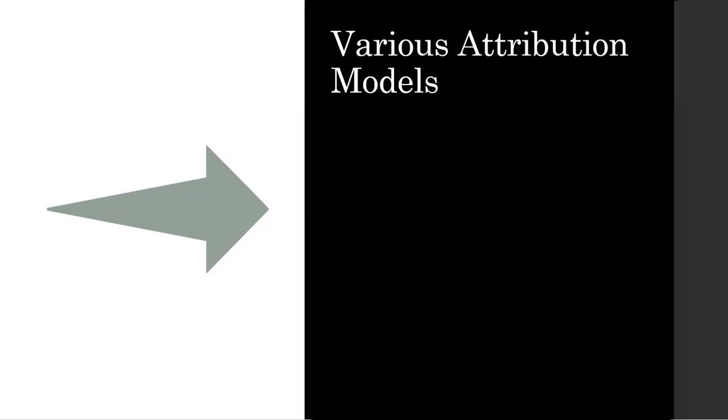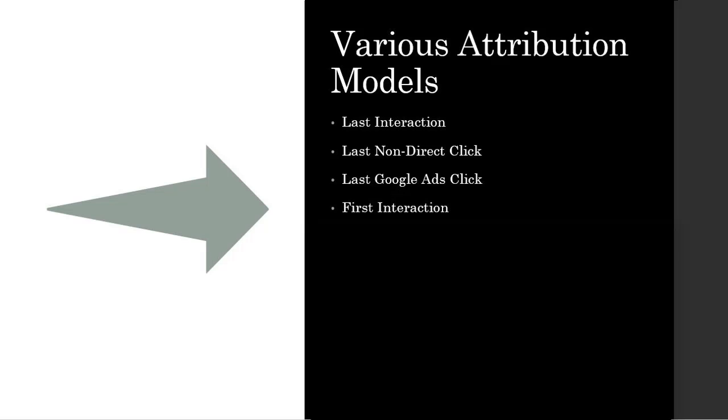Google provides various attribution models to help you solve this problem. These models are last interaction, last non-direct click, last Google ad click, first interaction, linear attribution, time decay, position based, and custom that you can create on your own.